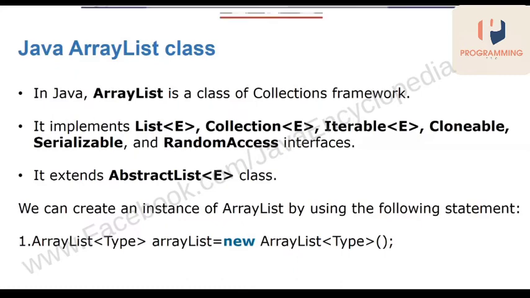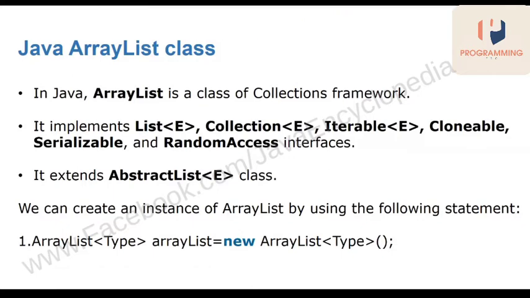These are all interfaces. Maybe for some backend people some names are new. That's why I suggest you go and read the Java documentation, not any other websites. If you read the Java documentation site, it will be very helpful. And in your own code, please do documentation. It will help us.